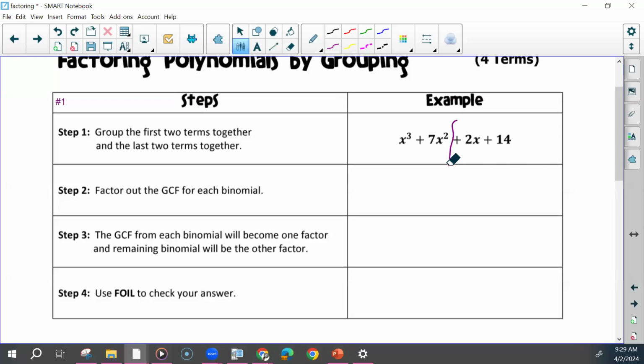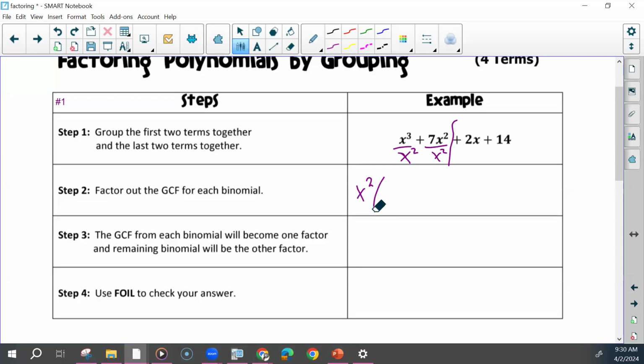So what would these first two have in common? X. So I could divide both of these by not just one x, but x squared. I'm going to put that out front and divide both of those.